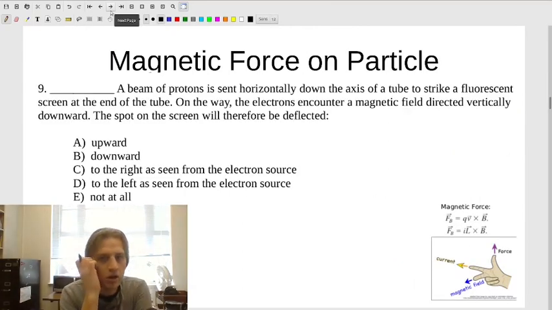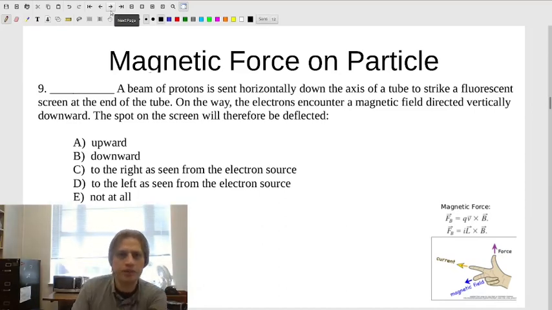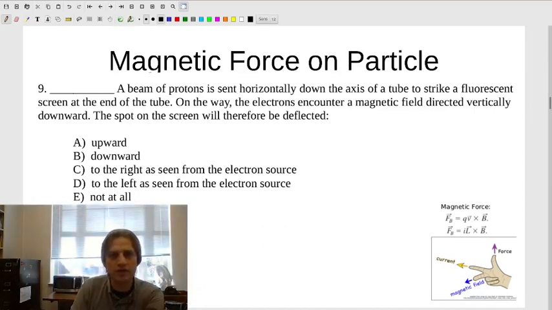Okay, so let's just look at one of these examples that asks us to practice the right-hand rule. Okay, so it says a beam of protons is sent horizontally down the axis of a tube to strike a fluorescent screen at the end of the tube. Okay, so let's just draw in our V. So there's our protons moving down the beam path.